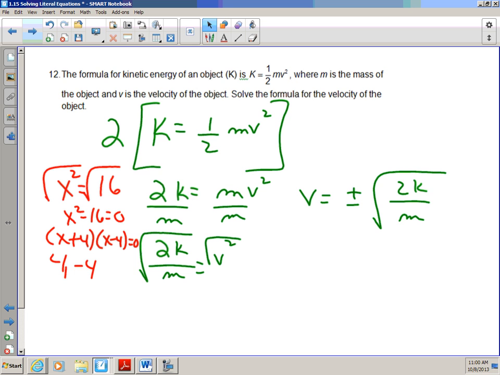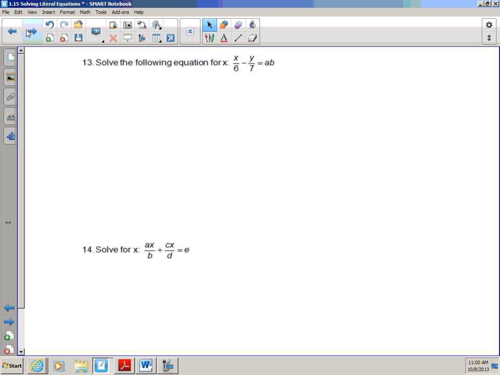All right, last two examples. We have a little bit of a difference here now because I have fractions, the bane of students in math. I don't like to deal with solving equations with fractions, so I want to get rid of them.